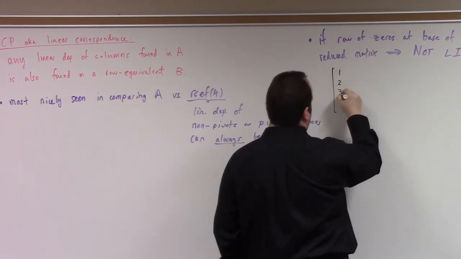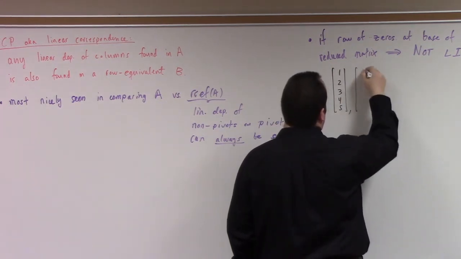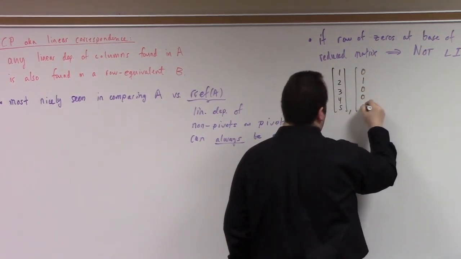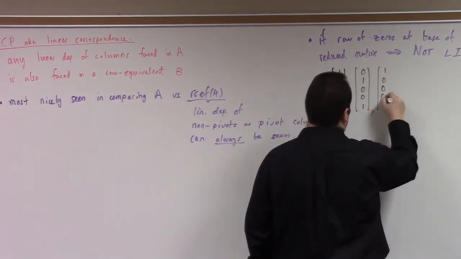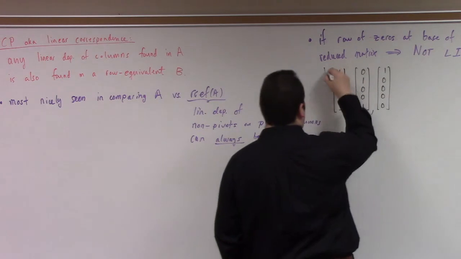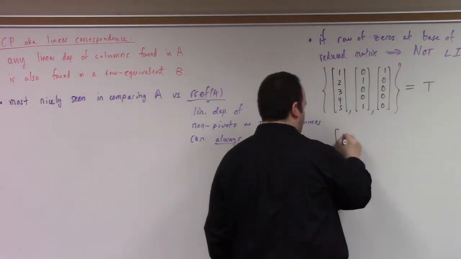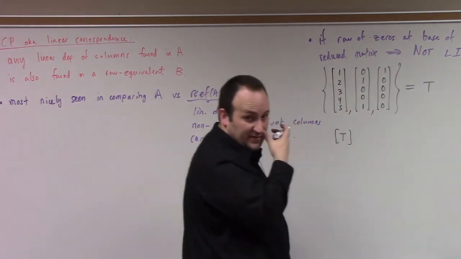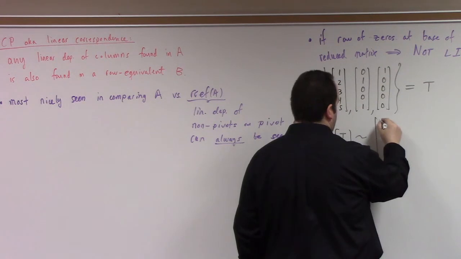1, 2, 3, 4, 5. 0, 1, 0, 0, 1. And 1, 0, 0, 0, 0. All right, this set. I won't actually do it, but if you calculate the reduced echelon form of T, what you will get is this.